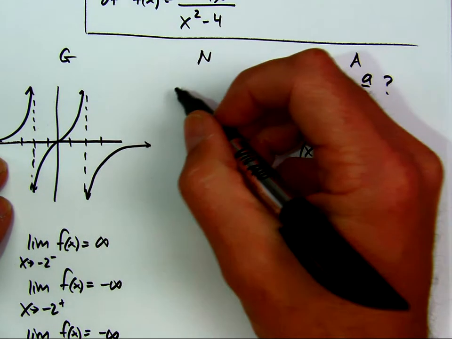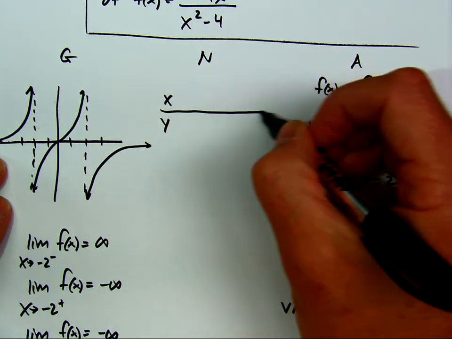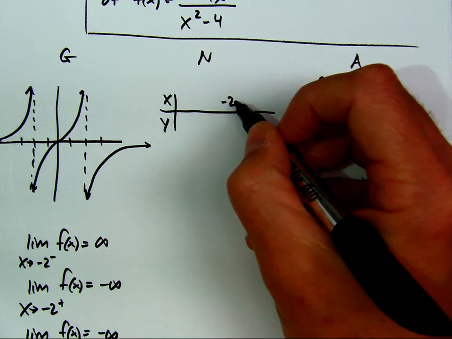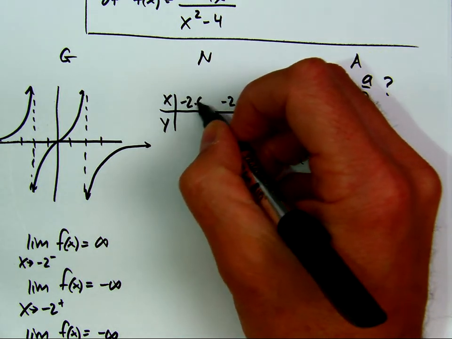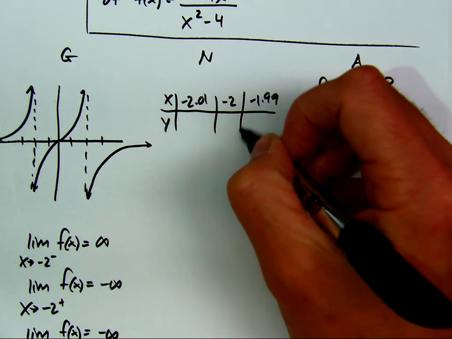And we can check it numerically. Negative 2, let's just check one value to the left, one value to the right.